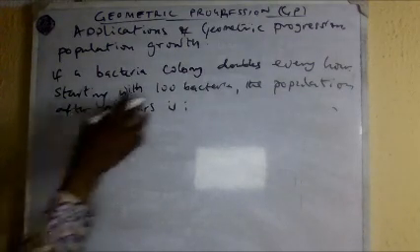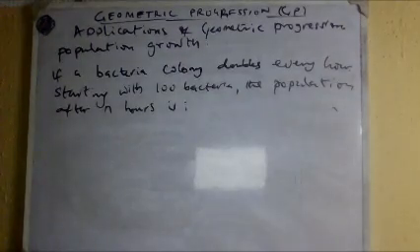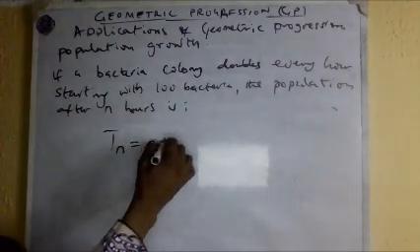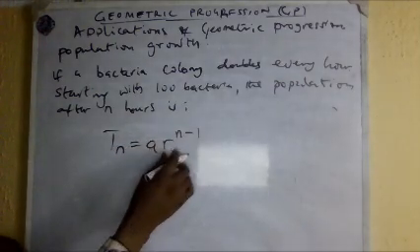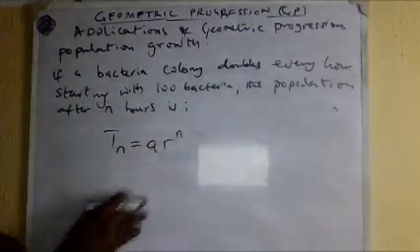Okay, now this is another way again. The first term is 100. If doubling every hour is the common ratio, then at the nth hour, A R raised to power n minus 1. Sorry, this is n minus 1.